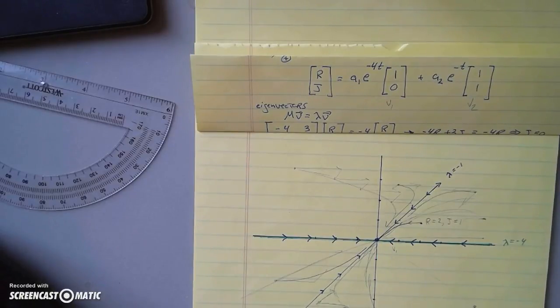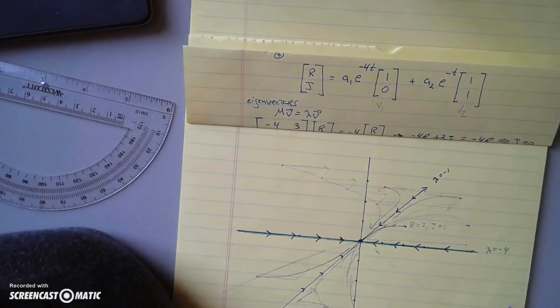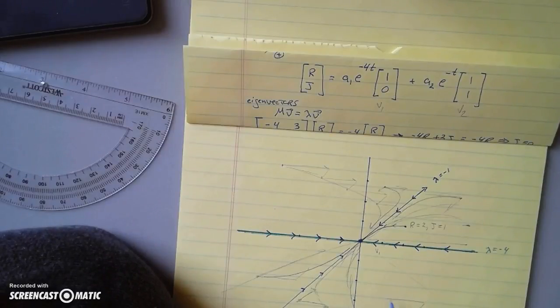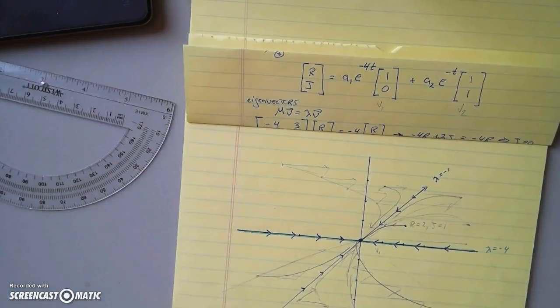How about something way out here? What happens to this one? Right? Well, again, a bunch in this direction, a little bit in this direction. That's kind of like what I did over here, right? A bunch in this direction, a little bit in this direction, until it ends up in there, right?